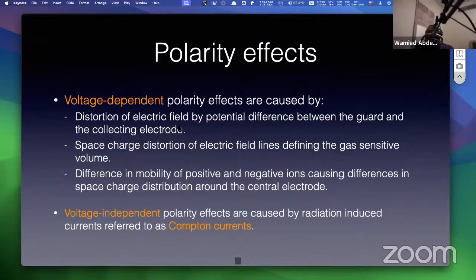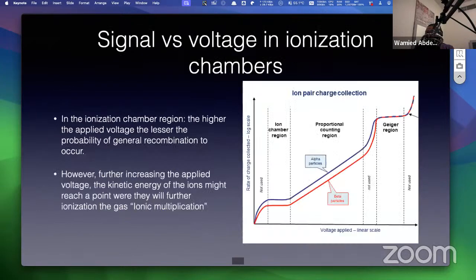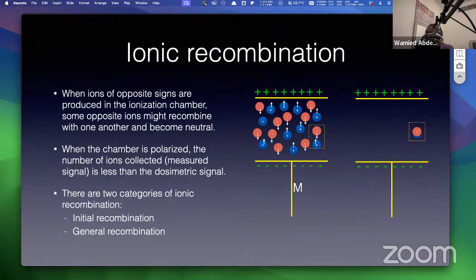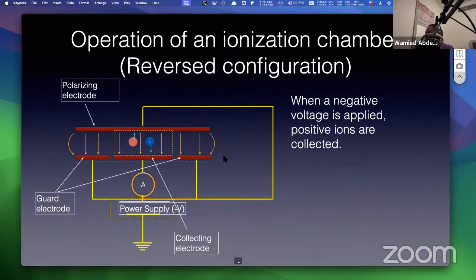So polarity effects, there are actually voltage-dependent polarity effects. Voltage-dependent means that this polarity effect will depend on the applied voltage. It's not constant. For example, this could be caused by distortion of the electric field by the potential difference between the guard and the collecting electrode. Remember, we have a guard.